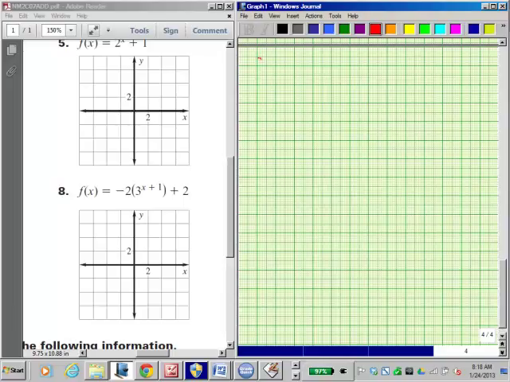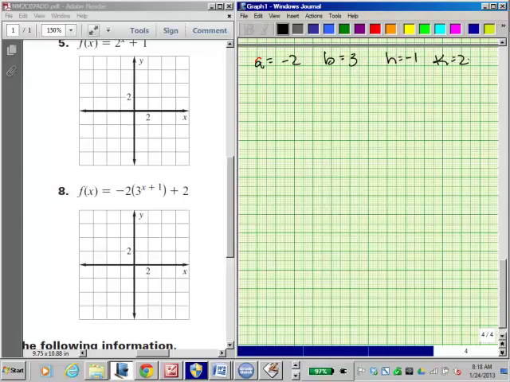So a is -2, b is 3, h is -1, and k is 2. Okay, so don't let the parentheses throw you. The exponent would execute first before you hit it with the -2.